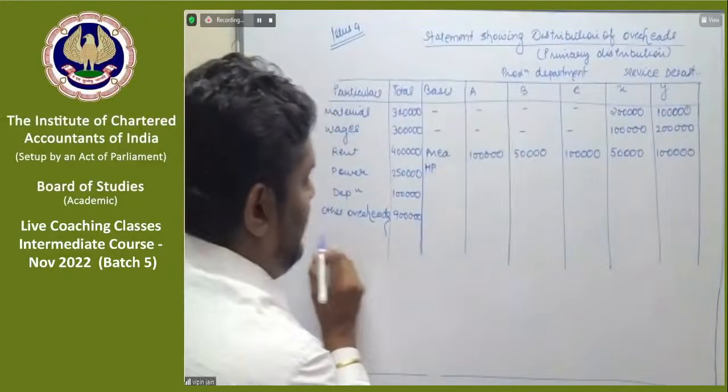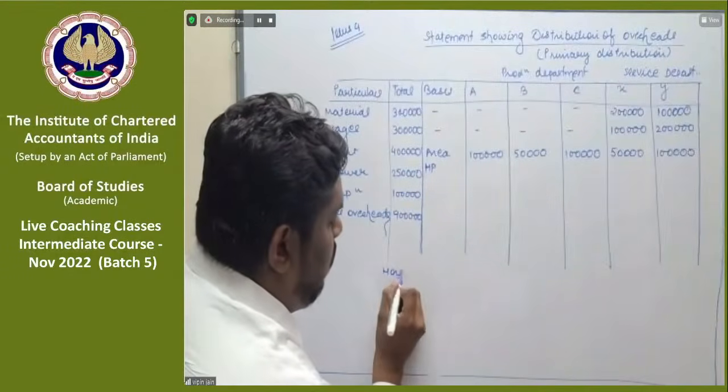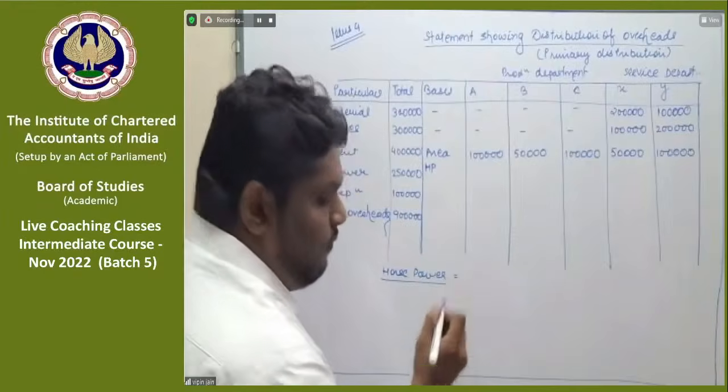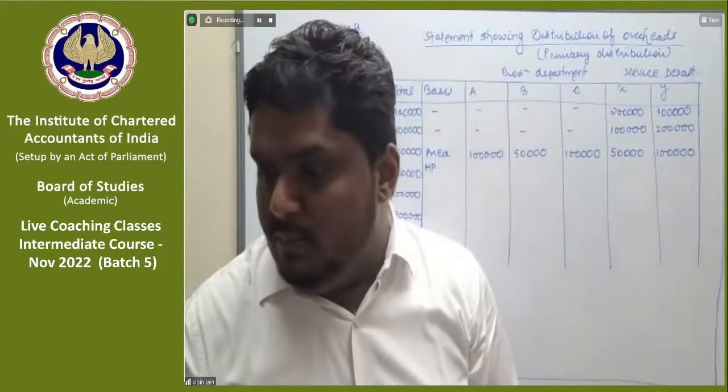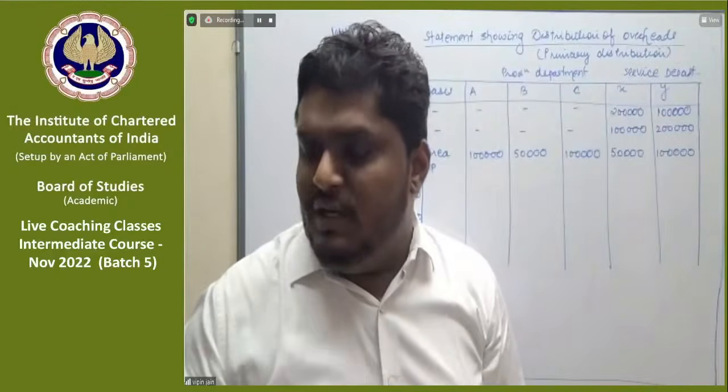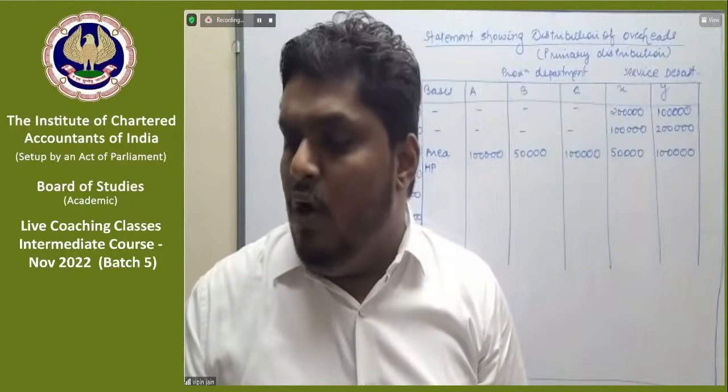When talking about the power, this will be distributed in the ratio of machine hours into horsepower of machine.